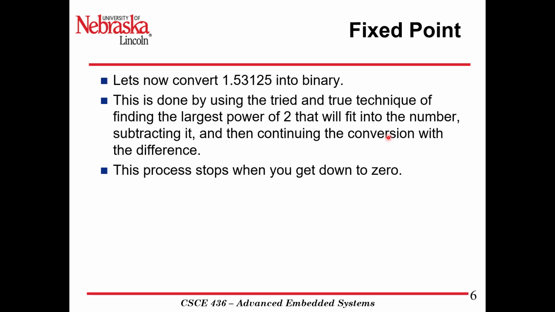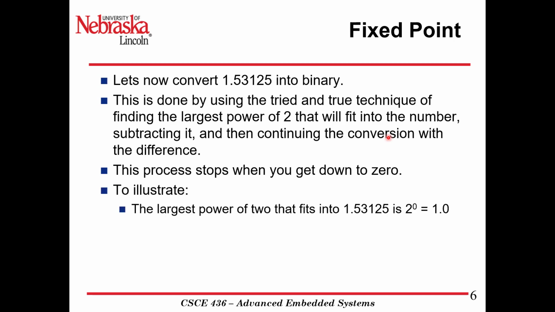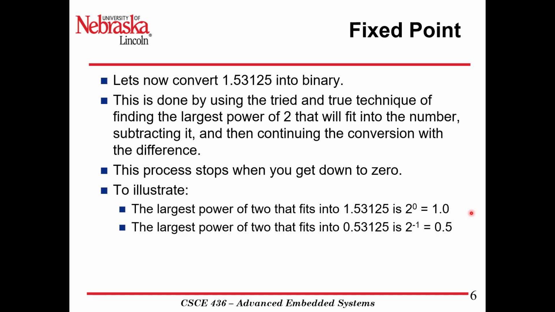We do this until we get down to 0, or as close to 0 as we can, or if we run out of bits. So to illustrate this one, the largest power of 2 that fits into this is going to be 2 to the power of 0, which is 1. So we subtract that off, and we're left with 0.53125.